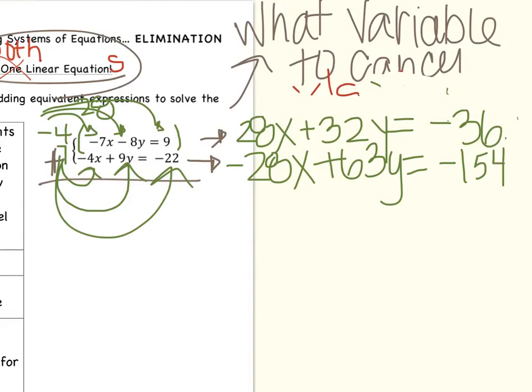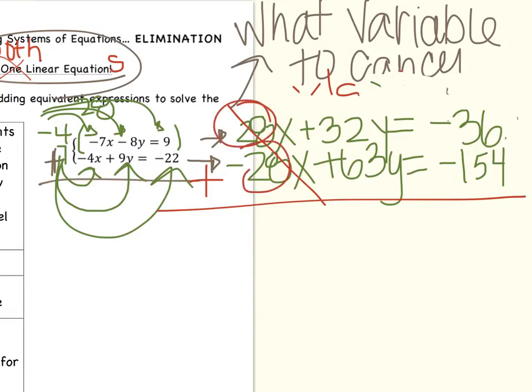Now I can go ahead and add down, and when I do, my 28x and negative 28x cancel. They're the same number, but they're opposite signs. Now I have to add 32 plus 63, and I get 95y equals, and I have to do negative 36 plus negative 154.